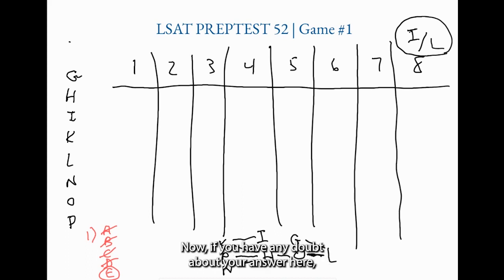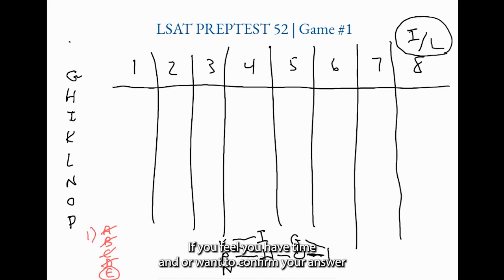Now, if you have any doubt about your answer here, you can use your prior work, your setup work, to support your answer, because you might be wondering, well, when do I use the web and the first, last, and all the inferences that I made? And the answer is you'll use them for all the other questions. But you can even use them here as a confirming mechanism. Choice E spells the word king and then has P-H-O-L.